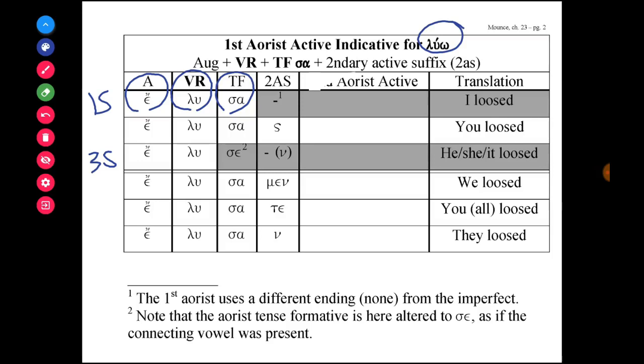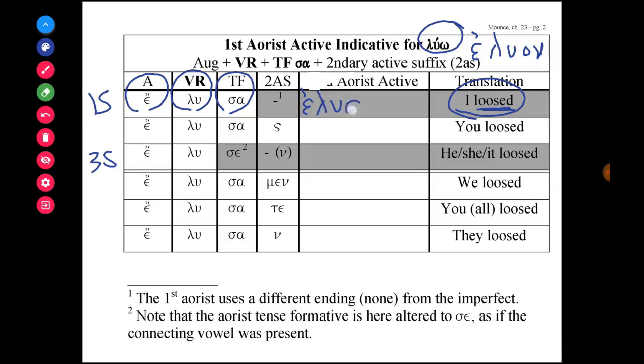So let's look at how we can say I loosed. Remember that if I wanted to say I was loosing, it would be ἔλυον, and that's how I would form the tense for the imperfect. But this is I loosed, not I was loosing. And here we would take the augment epsilon, add to it the verbal root, lu.